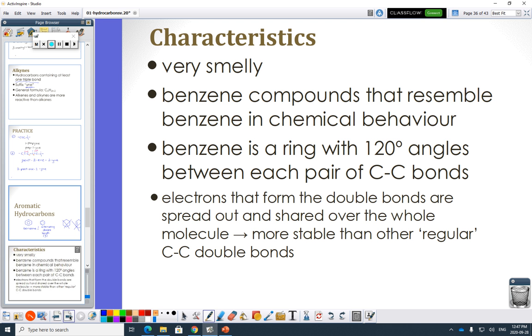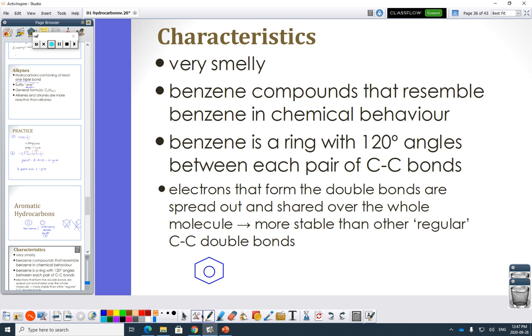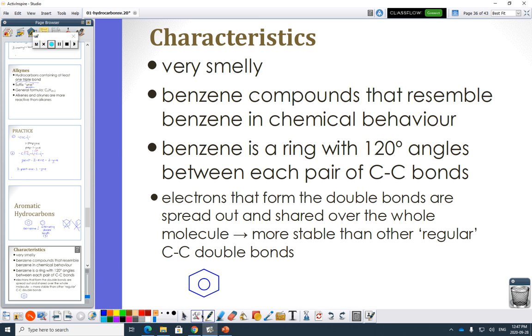So the reason we draw it with the circle inside is that the electrons in the double bond sort of spread out. So we can't really tell. Are the bonds like this, this, this? Are they like this, this, this?